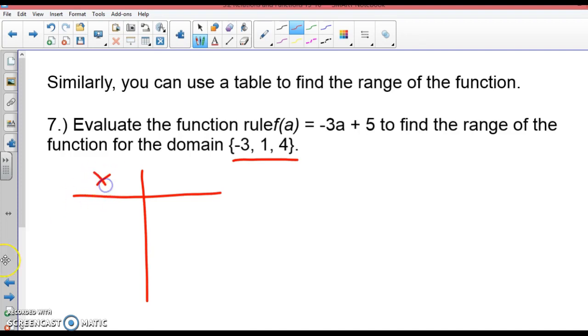X. Well, which is A. What goes here? Y, which is f of a. Okay, domain. Is my domain my x value or my y value? X. So my domain is negative 3, 1, and 4. They want us to find the matching range.